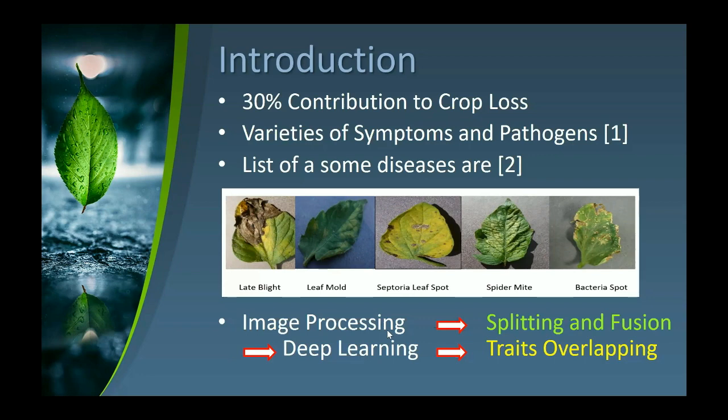So we thought, what if there is a situation whereby a tomato plant may be having more than one disease on the plant? So we decided to move away from the normal workflow whereby researchers use one disease on a leaf, as we've been doing in most situations.